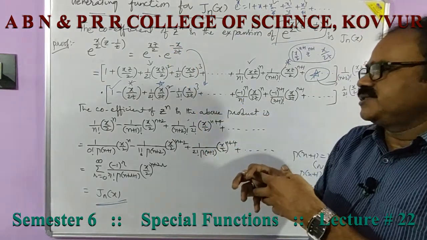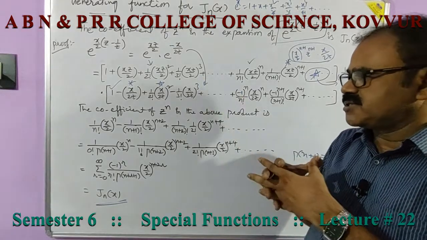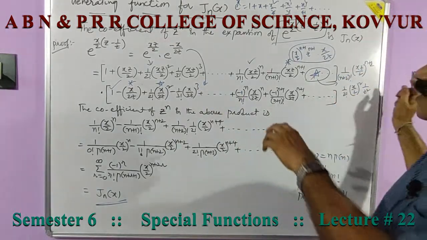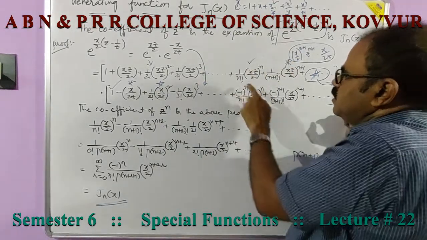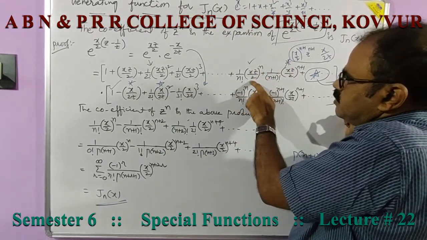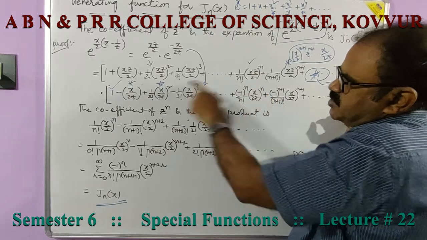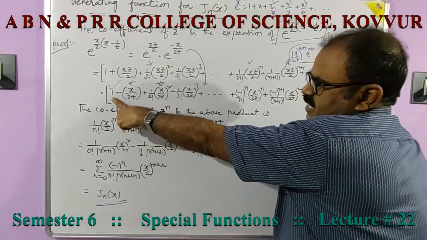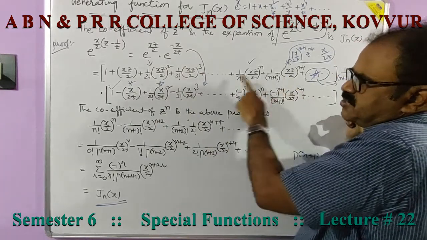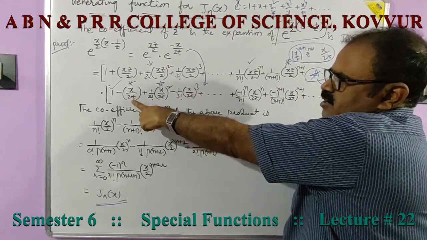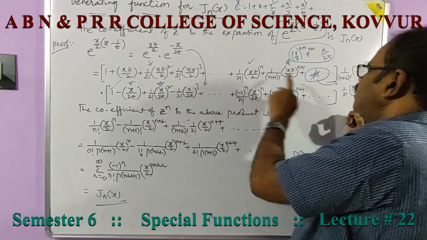Take the product of these two expansions and compare the terms. Pick up the coefficient of z power n. This is z power n. nth term of the first expansion into the first term of the second expansion. n plus 1th term of the first expansion into the second term of the second expansion.